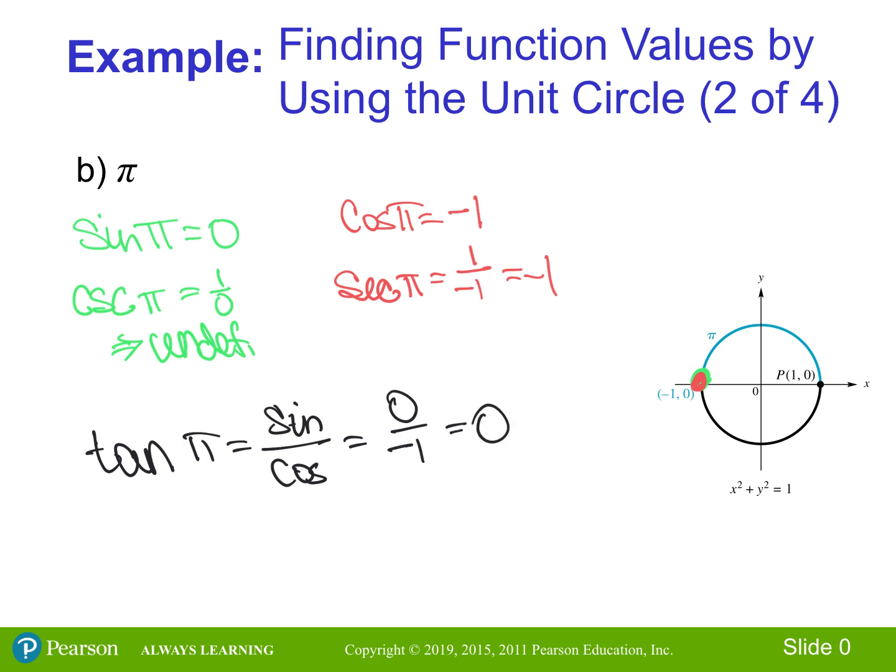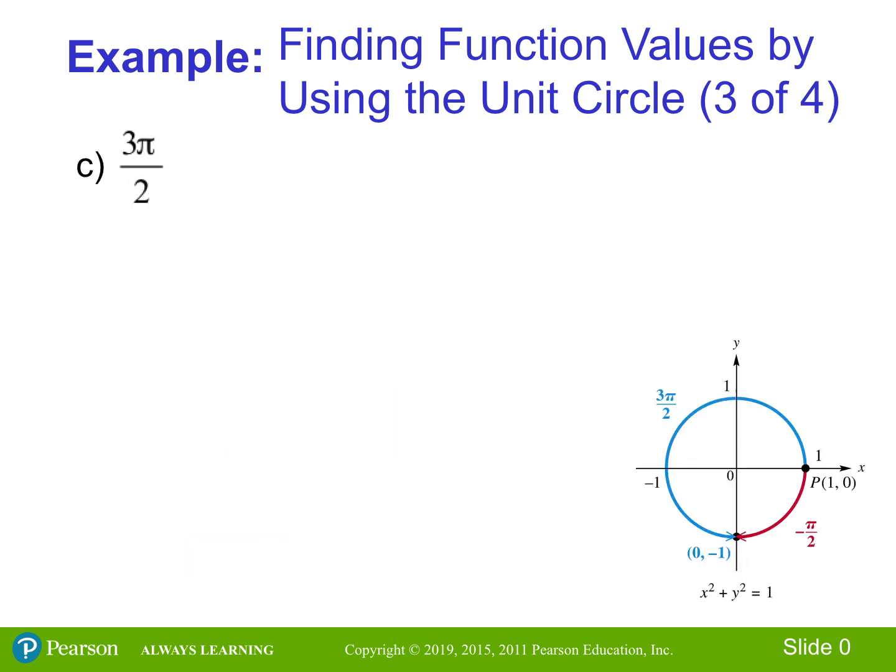So that means my tangent is really 0. And then when I go to do cotangent, cotangent is really going to give me cosine over sine. And cosine, we said, was -1, but my sine was 0. So that means my cotangent is going to be undefined.